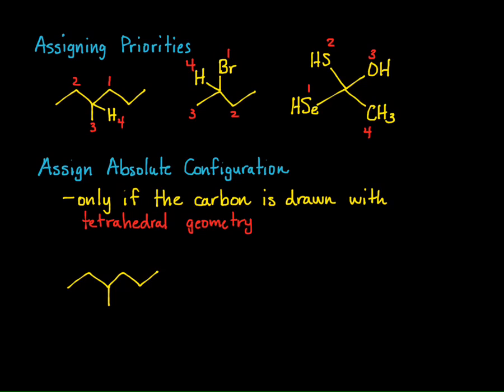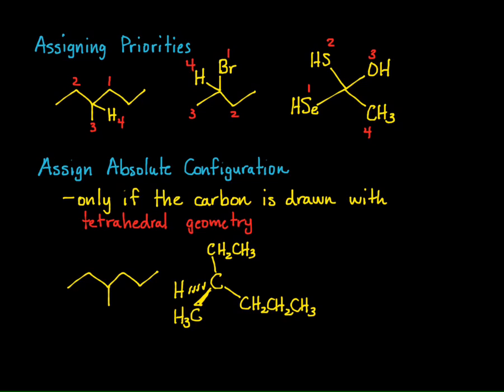The way it's drawn, I can't distinguish between one stereoisomer or another stereoisomer. I have to show the tetrahedral shape. So I'm going to construct one of the stereoisomers. And notice there's another one, but this is one particular stereoisomer of 3-methylhexane, right? Where you have the methyl coming off of a carbon, an ethyl coming off of a carbon, the propyl coming off, and then the hydrogen. So we have the 4 substituents.